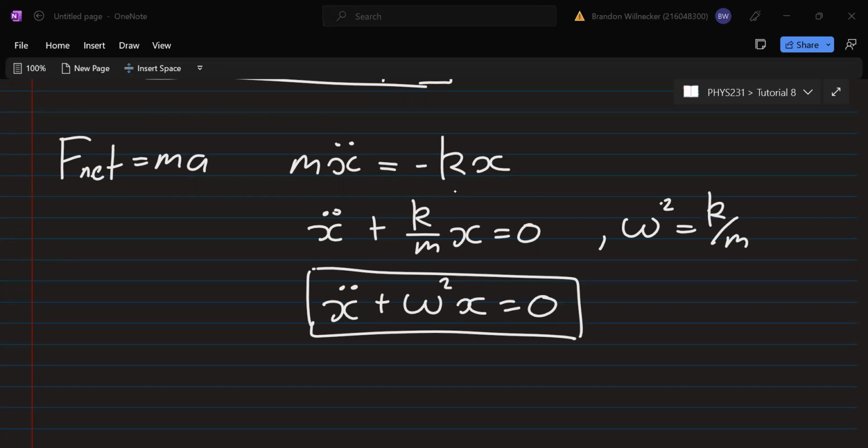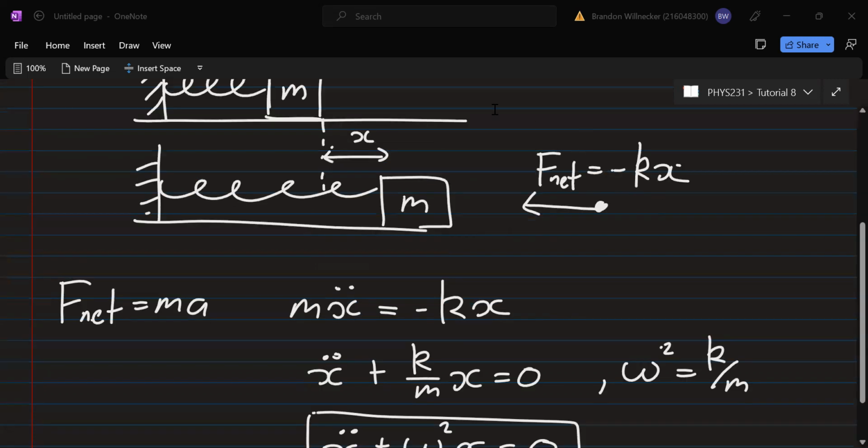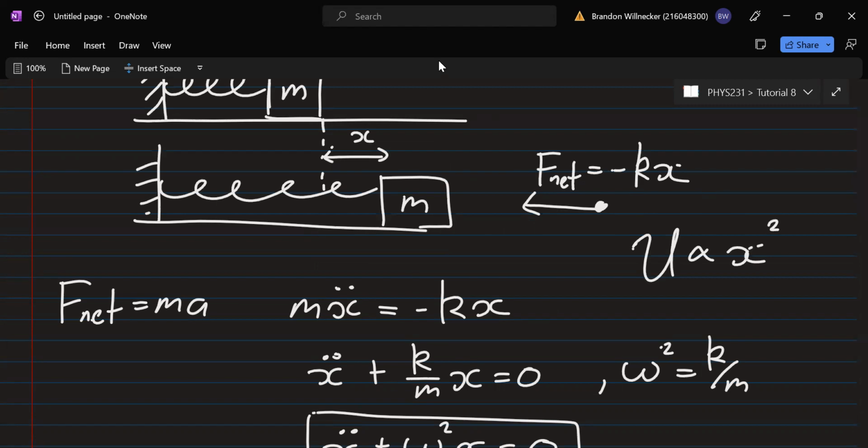We've done it many times now, but we want to solve this computationally so that we can do a bit more investigation into the system. And usually in physics, we convert some complicated system into a simpler system to work with at first. If we have some complicated potential, we can approximate that as a quadratic potential, which comes from Hooke's law here. Remember U being proportional to x squared, that's the potential here.